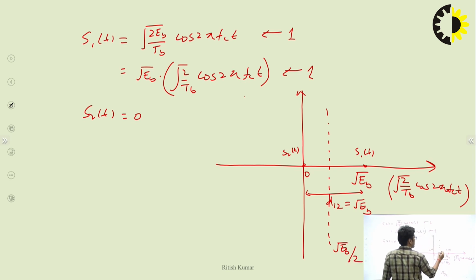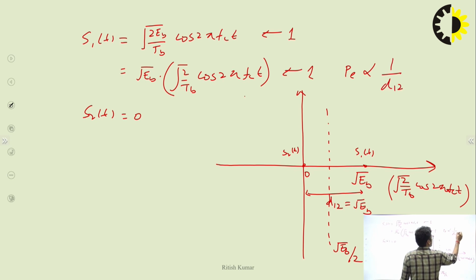The probability of error is inversely proportional to D12. If the distance is more, then the probability of error is less. If this distance is less, then the probability of error is more.